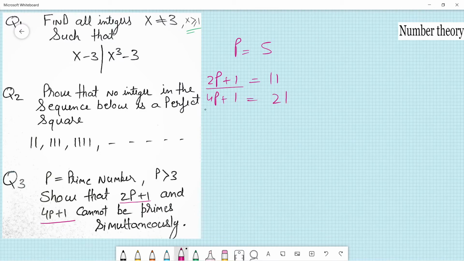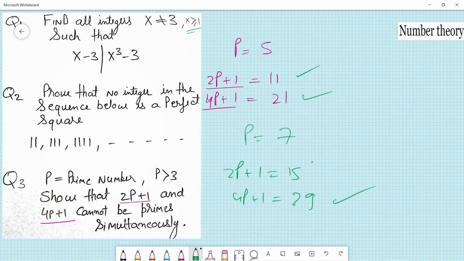These two numbers cannot both be primes at the same time. One might be, no problem, as in this case the first one, 11, is prime, but 21 is not. If you take p to be 7, then you'll get 15, and in this case you'll get 29. Here too, one is prime, one is not.